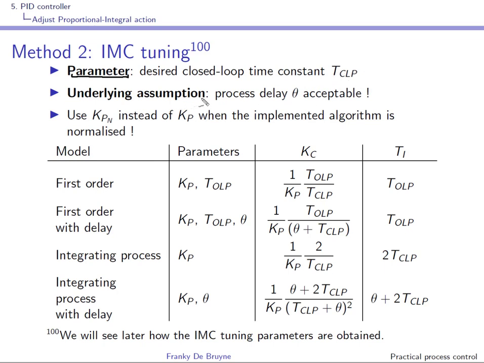There is an underlying assumption, and it is that the process delay is acceptable. This means that theta is not too large with respect to the main time constant. And we will see where this hidden assumption is coming from when we look at how the IMC PID tuning parameters are obtained.